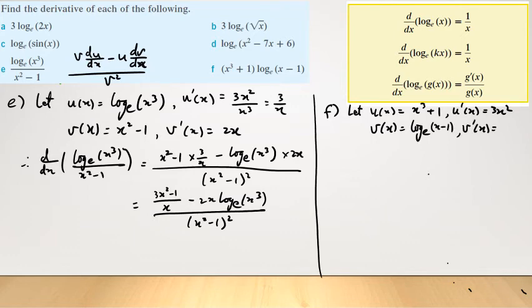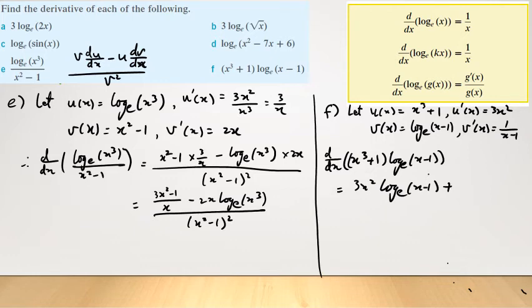And v dash of x is equal to 1 over x minus 1. So then putting that together, d dx of x cubed plus 1 log e of x minus 1 is equal to v du dx, so 3x squared log e of x minus 1, plus u dv dx, so that's x cubed plus 1 over x minus 1.